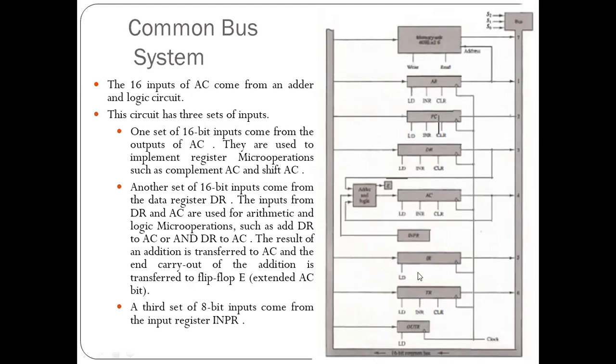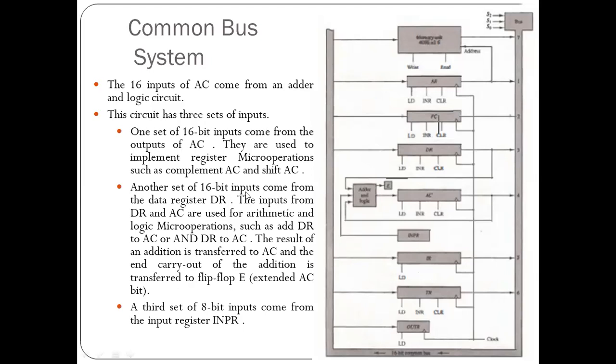As I mentioned, it has 3 sets of inputs. One set of 16-bit inputs comes from the output of the accumulator, and they are used for implementing register microoperations such as complementing the accumulator, shifting it, clearing its contents, and incrementing it. These are register reference type operations.